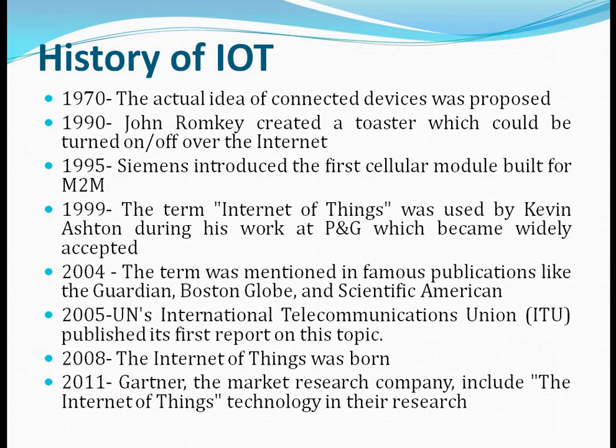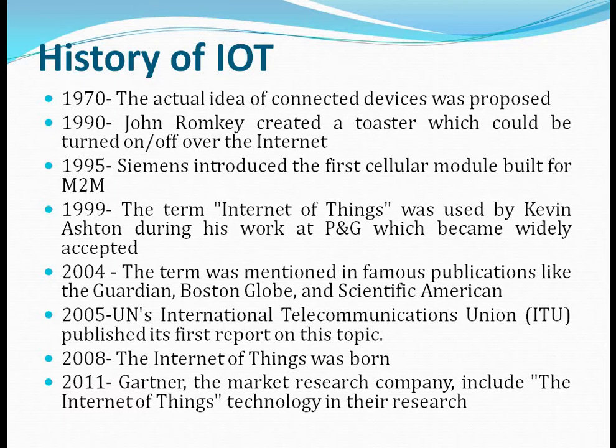In 1999, the term Internet of Things was used by Kevin Ashton during his work at P&G, which became widely accepted. In 2004, the term was mentioned in famous publications like The Guardian, Boston Globe, and Scientific American.